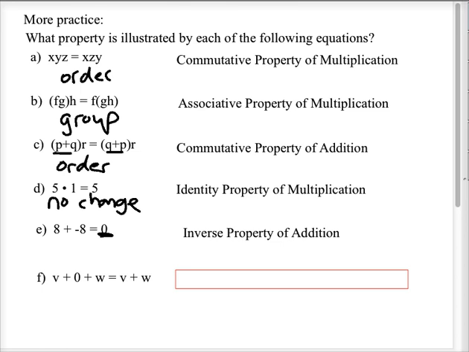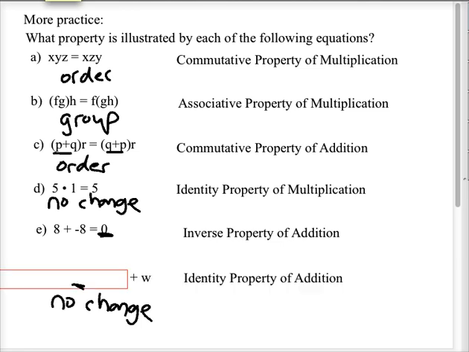And then in F, what's happening? V plus 0 plus W equals V plus W. I notice I'm adding 0 in there, and there's no change. Adding 0 doesn't change anything. That no-change idea is what the identity represents. The identity of addition is adding 0.